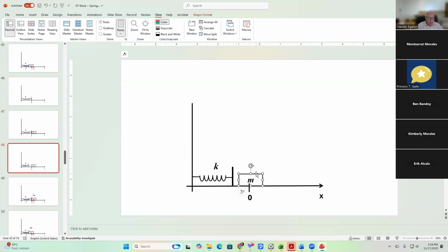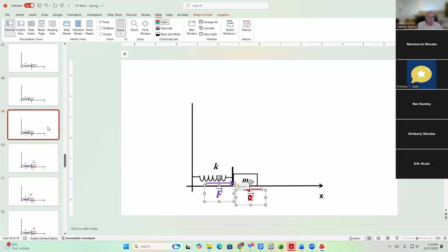Here you go. And now we do have displacement. Now we do have a force acting on the plate and consequently on the mass.